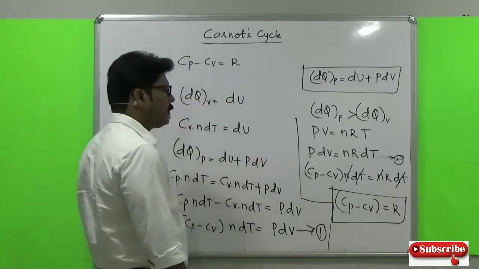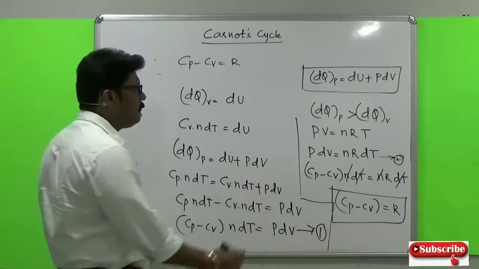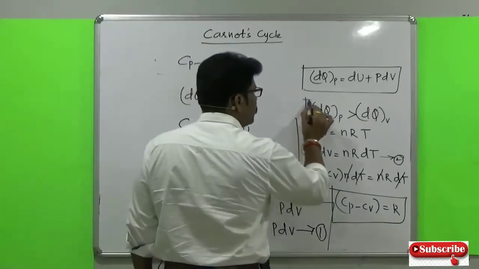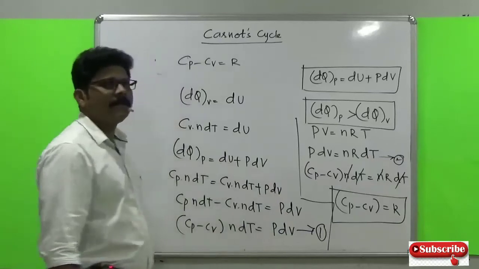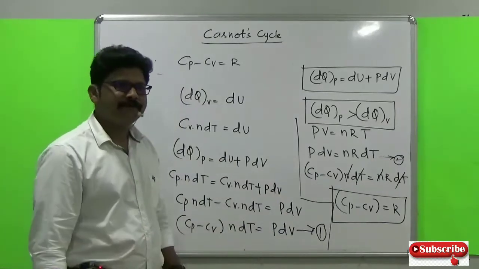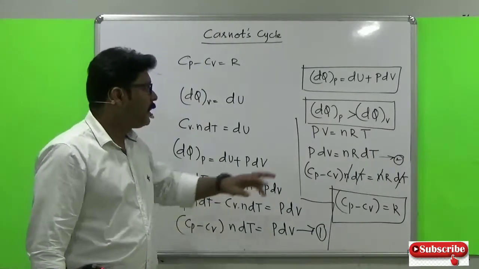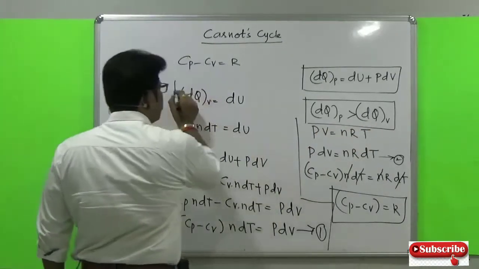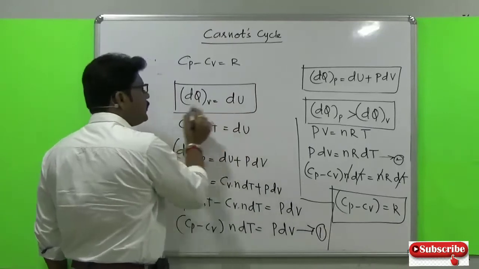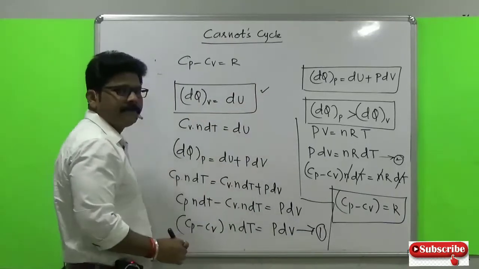इसमें क्या प्रूव कर रहे हैं हम लोग? Already we proved this one: dq at constant pressure is greater than dq at constant volume. कैसे प्रूव कर रहे हैं? At constant volume अगर हीट सप्लाई करें तो it is utilized only to increase the internal energy. सही बात है.